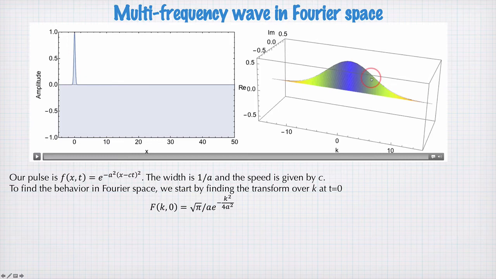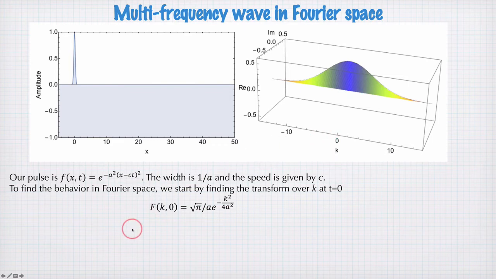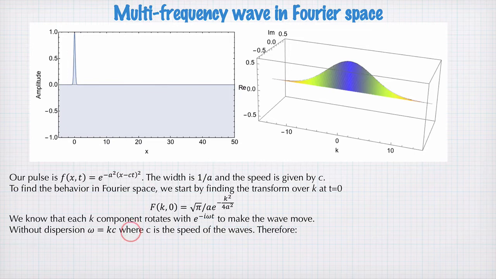So this is what I've drawn here in this graph, the Gaussian in k space, and what we need to do now is make this whole system move as a function of time. So we know that each k component rotates at a speed e to the negative i omega t, and the amplitude of each k component is given by this function here.